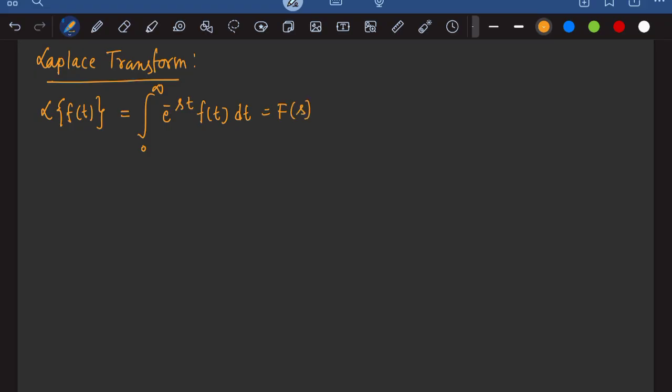We usually use the notation F(s) to represent this, provided the integral exists. For this, we have some sufficient conditions that we'll discuss later on.